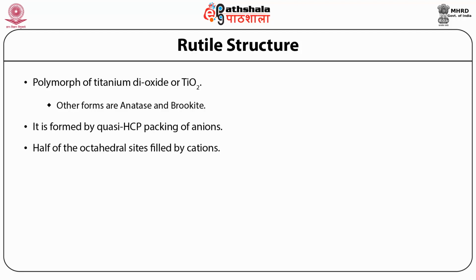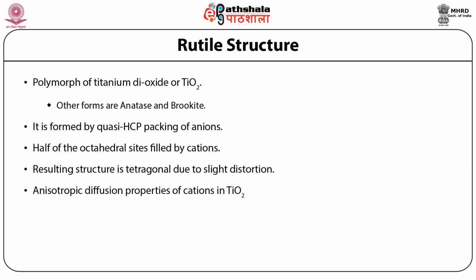Half of the octahedral sites are filled by cations, whereas the other half are empty. This results in the rutile structure, which is tetragonal due to slight distortion. In this case, anisotropic diffusion properties of cations are there in TiO2.